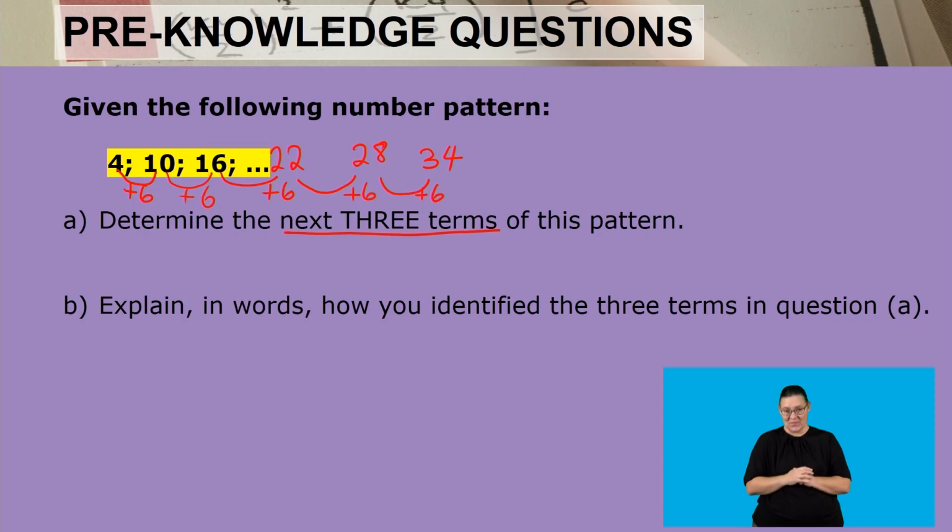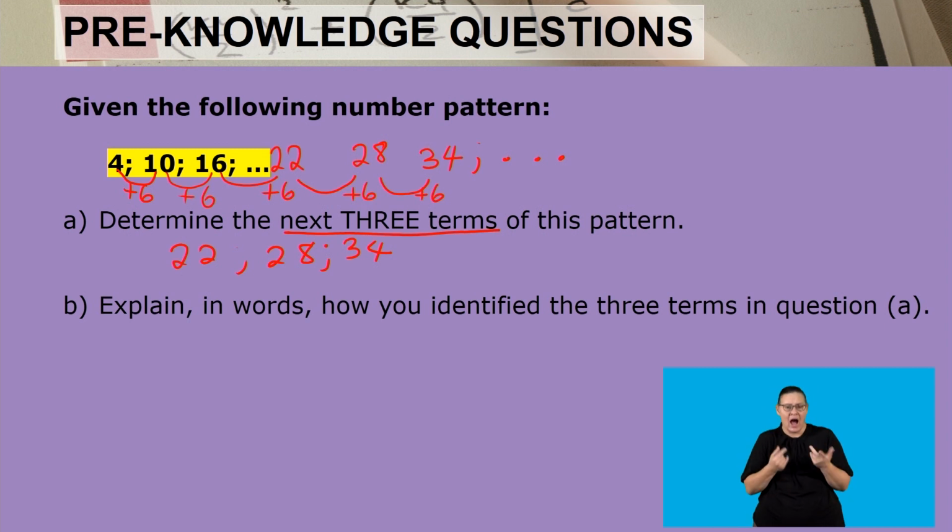So what are those next 3 terms? We have 22, 28, and of course 34. That pattern would definitely continue, but at this moment we have only been asked for the next 3 terms. The next question says, explain in words how you identified the 3 terms. Now that we've identified this pattern, we are required to write it in words.